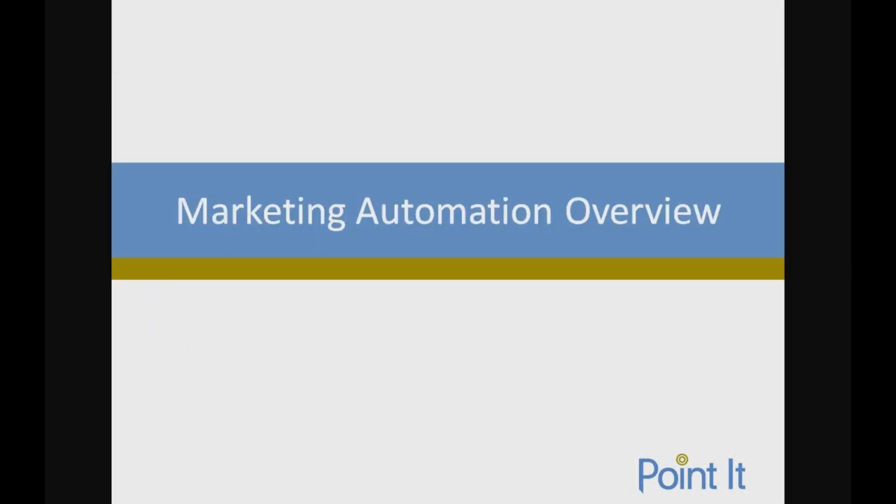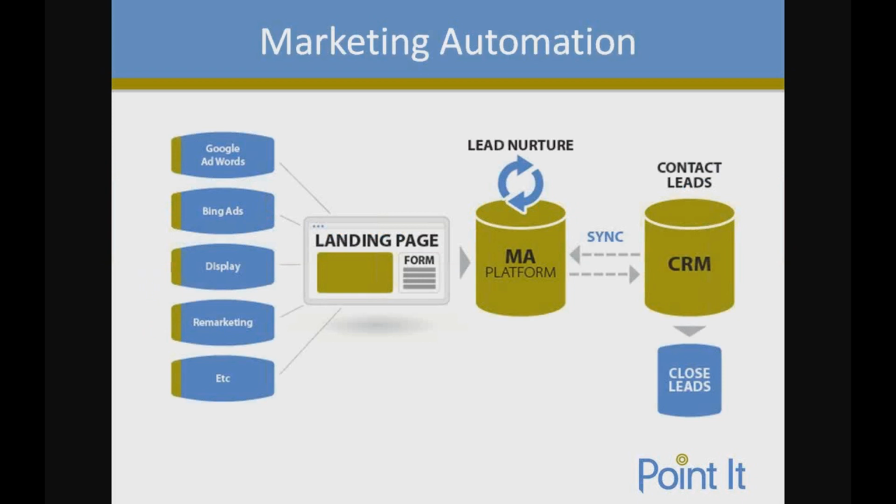So to start with our overview on marketing automation, this is a chart that is how we like to describe marketing automation as it fits in with all of your digital marketing efforts. We'll go in depth into this chart in more detail as we go through the webinar. However, we'll start just by explaining a little bit about the role marketing automation plays in lead generation for your company.